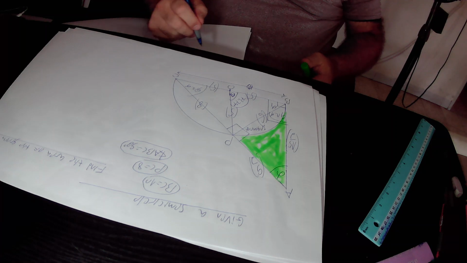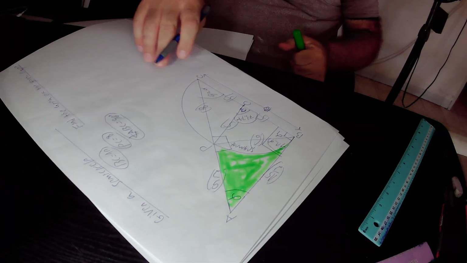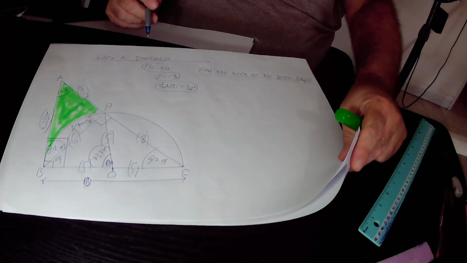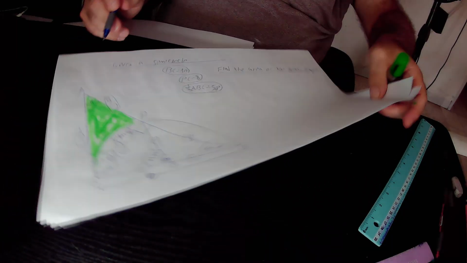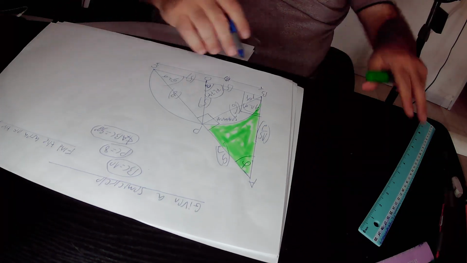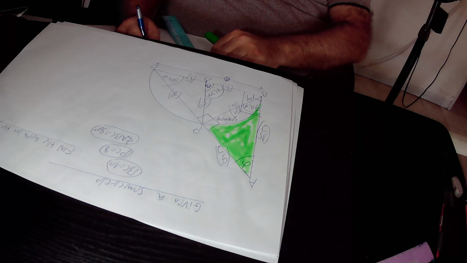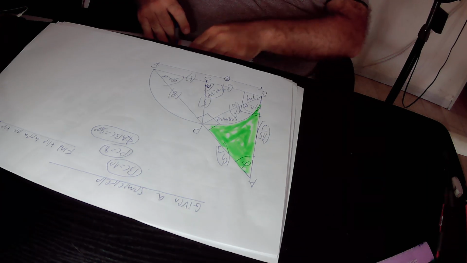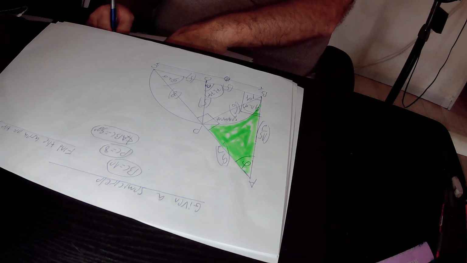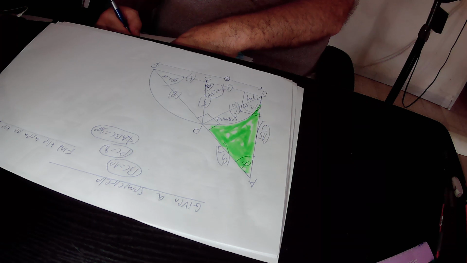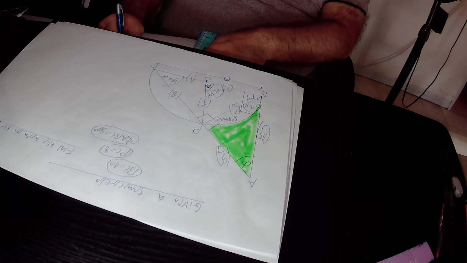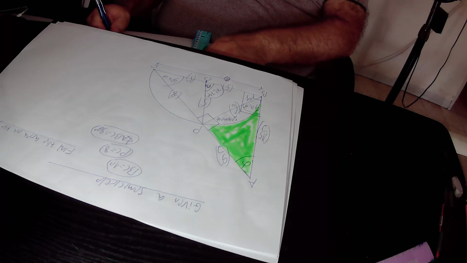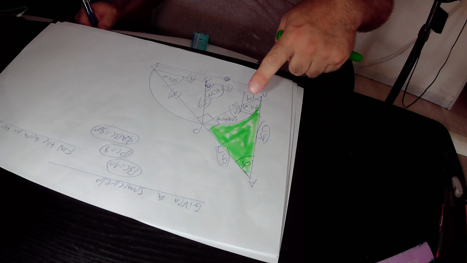The area of the green shape equals the area of the right triangle APB minus the area of this segment BP.